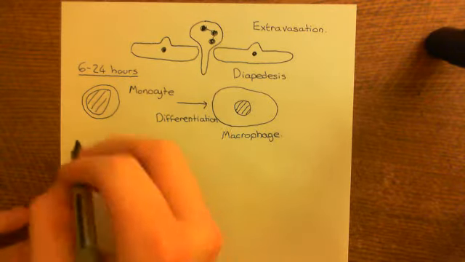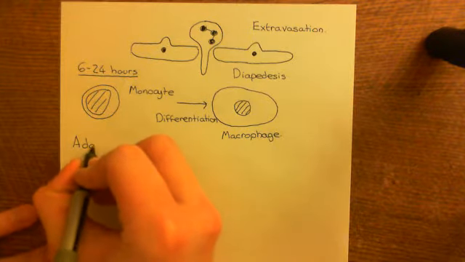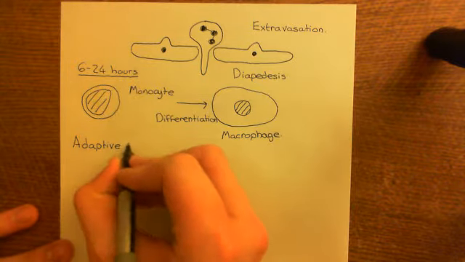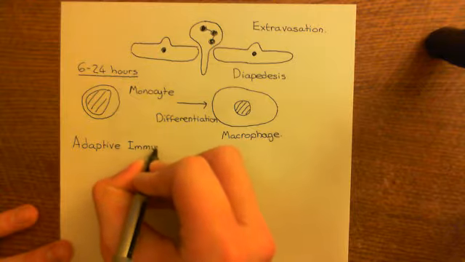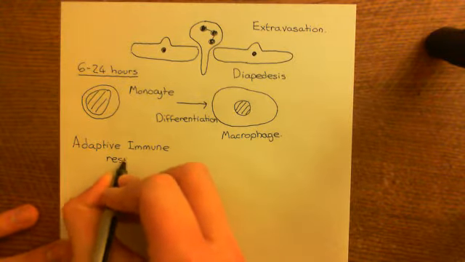Now what's going to happen is you're going to start the adaptive immune response. If the innate immune response fails to clear the pathogen, then you're going to develop an adaptive immune response. We're not going to go into this in any detail either, we're just going to summarize it.